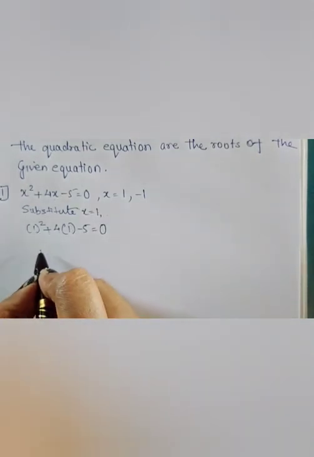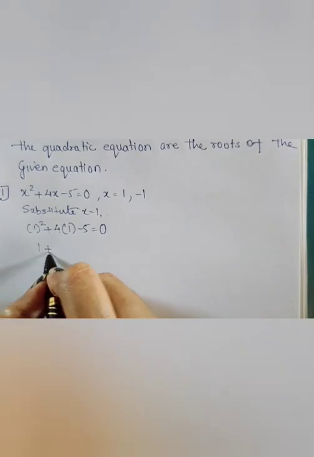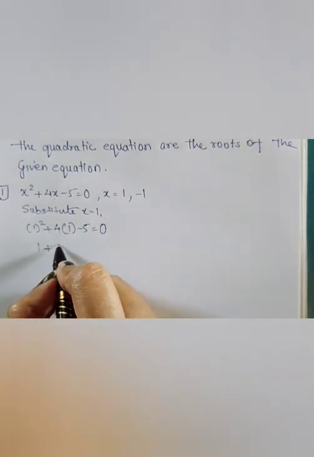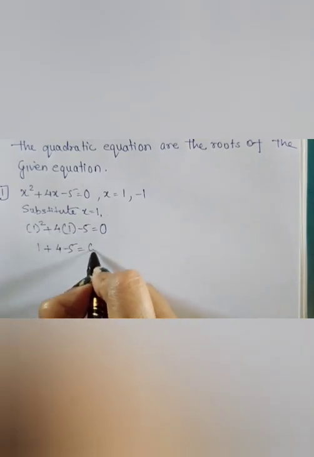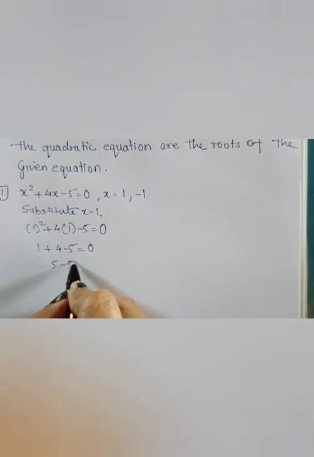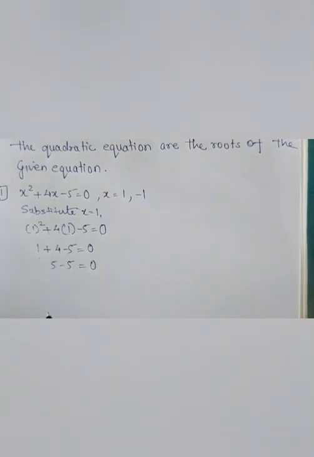Next step, square of 1 is 1 plus 4 multiplied by 1 will get 4 minus 5 equal to 0. Again 1 plus 4 is 5 minus 5 equal to 0. Understand? So we'll get 0 is equal to 0.